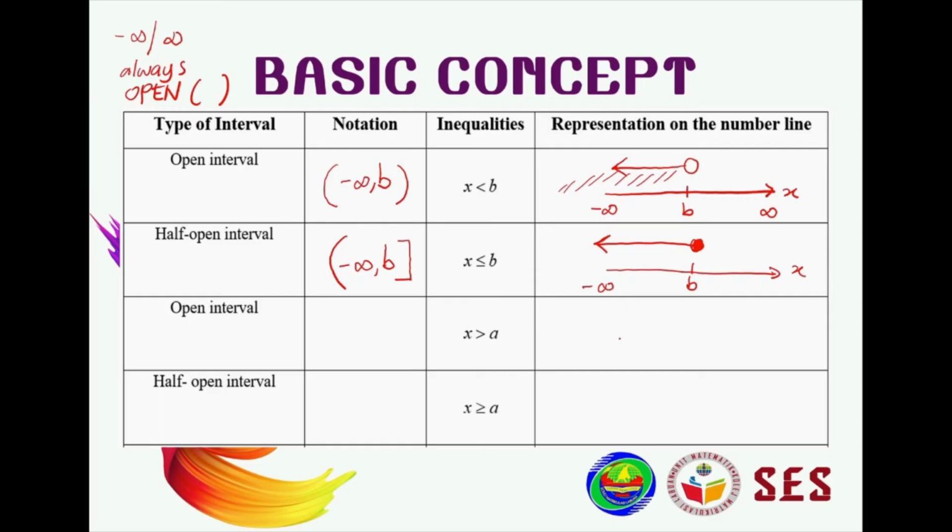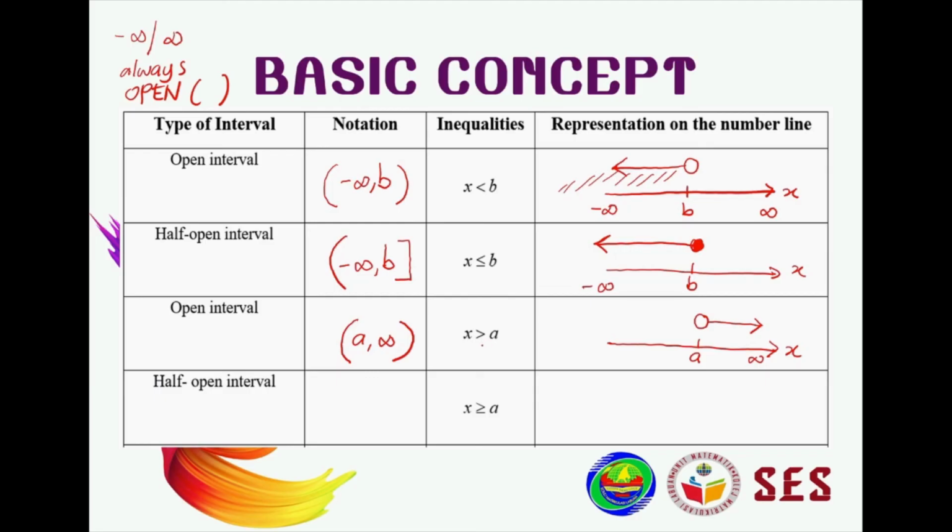Now for x greater than a, I'm sure you're already familiar with the drill. Number line first. A, because it's greater, will move to the right. But is it a black or white circle? Yes, it's a white circle. To the right, so a goes to positive infinity. The interval should be like this, right? But what about the brackets? Always open for infinity, but for a, is it an open bracket as well?